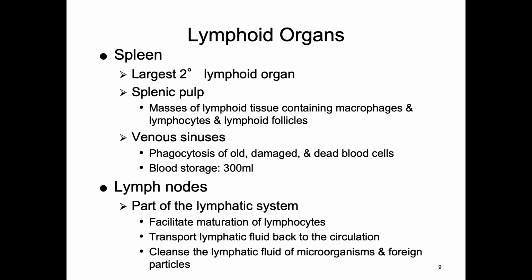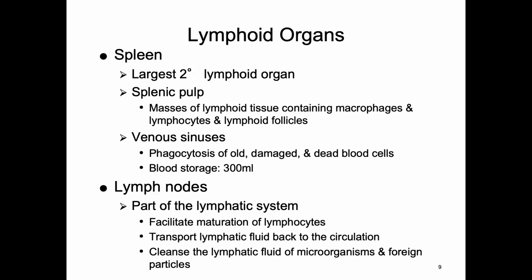Okay. The spleen is the largest secondary lymphoid organ, has masses of lymphoid tissue with macrophages, lymphocytes, and lymphoid follicles. Basically, what's in there are lymphocytes and macrophages, and the job is to remove pathogens from the blood itself, right?